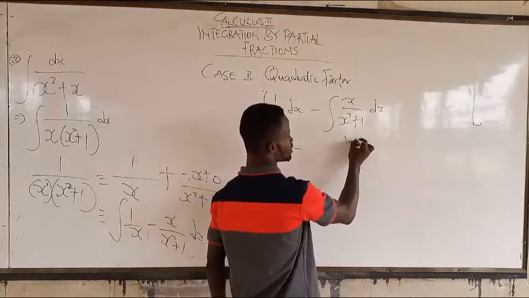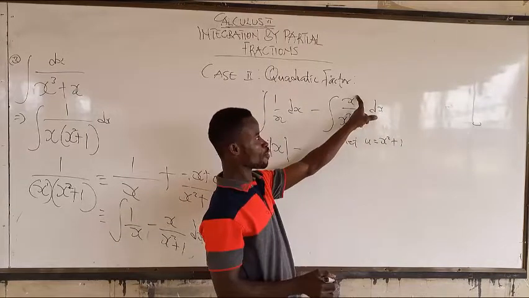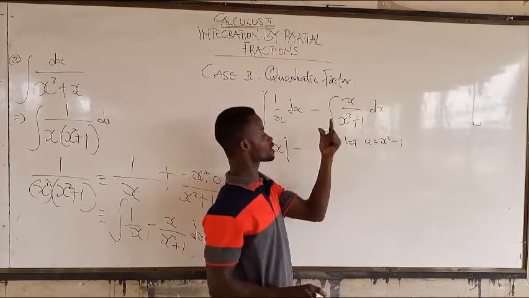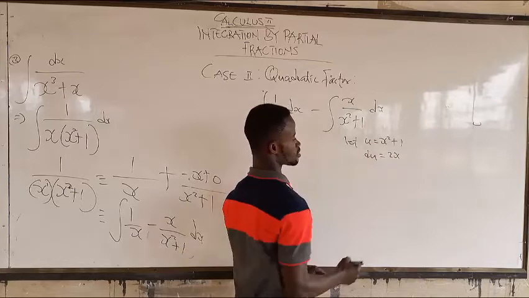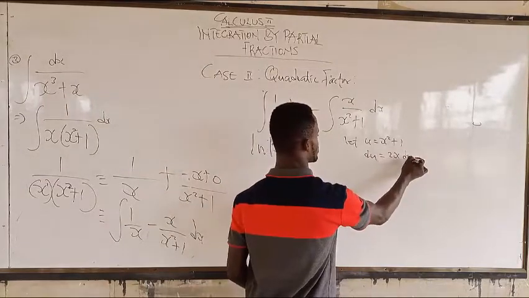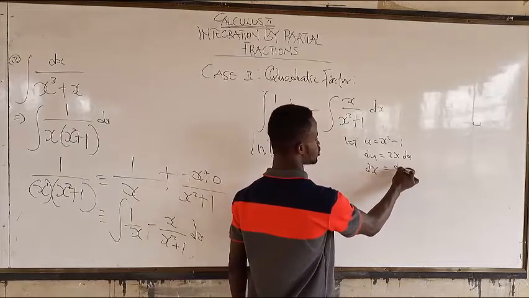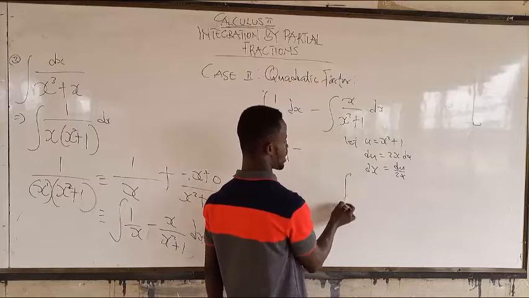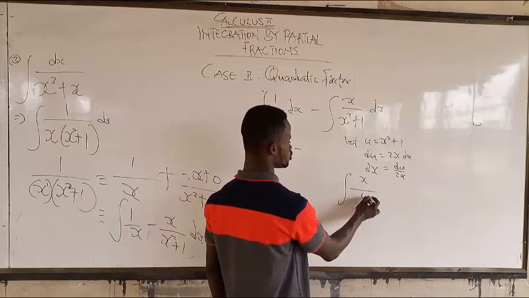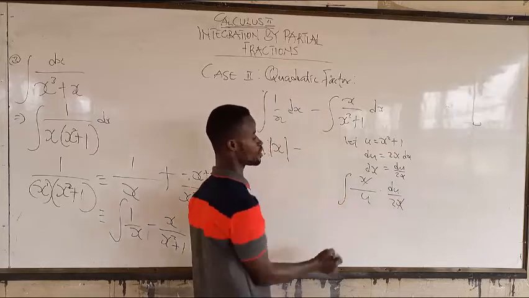Here we are going to let U be equal to S squared plus 1, because the power here is 1, the derivative here is 2. So when you take U to be this, du is equal to 2S ds. Use substitution. So ds is going to be du over 2S. So by substitution, S over U multiplied by du over 2S. This takes away this.